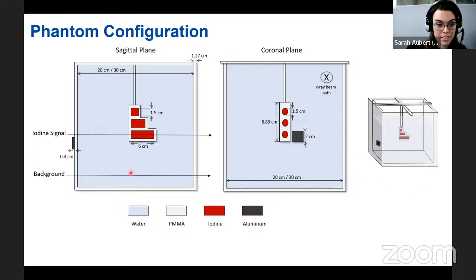Our phantom consists of either a 20 or 30 centimeter thick water tank with PMMA walls, and this PMMA step wedge that is filled with iodine ranging in area density from 16 to 48 milligrams per centimeter squared. It also uses these 3 varying amounts of PMMA, so 2, 4, and 6 centimeters, to represent soft tissue. On the front surface of the phantom, we have this region of aluminum that we use to simulate bone in our images.